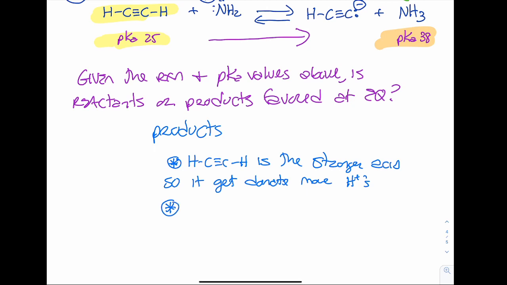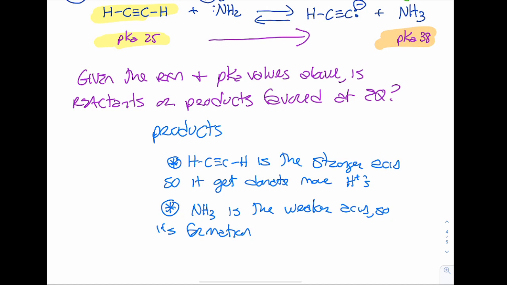The other way we could say it is ammonia is the weaker acid, so its formation is favored. I don't really like this explanation that well because it doesn't really tell us why. Like, why is it favored? And it's favored because, well, the other one's stronger and gets to donate more of its protons.